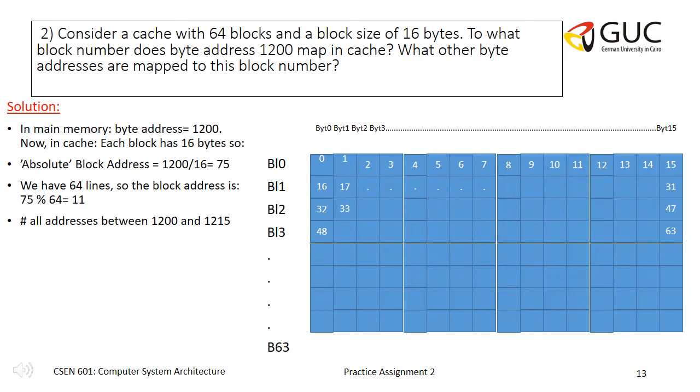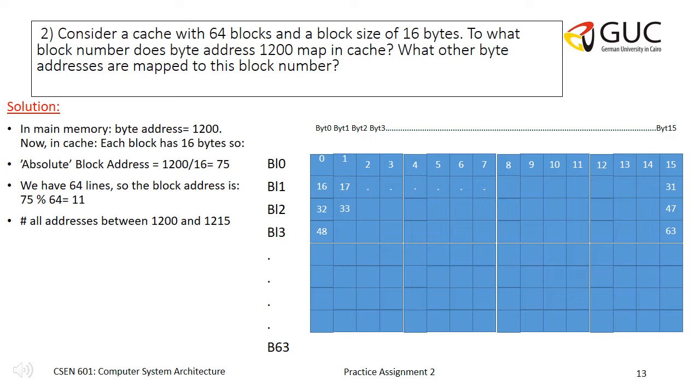Here we have a problem. What is the problem? We don't have block number 75. We have blocks from 0 till 63. So there is no block number 75. What do we do? We have to think about how memory works.